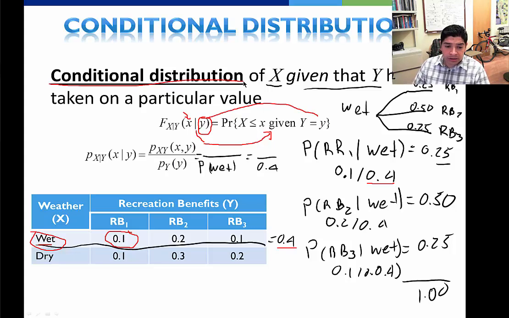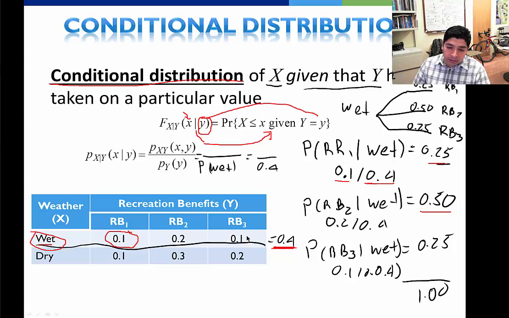When I think about these conditional probabilities, I think of them in terms of percentage. So given that wet is a 40% chance, out of this 40%, 0.1 is recreational benefits 1. So it's 25%, or 0.1 over 0.4. Of this happening is 0.2 out of 0.4 probabilities, so it's 50% that this happened given that it's a wet condition.